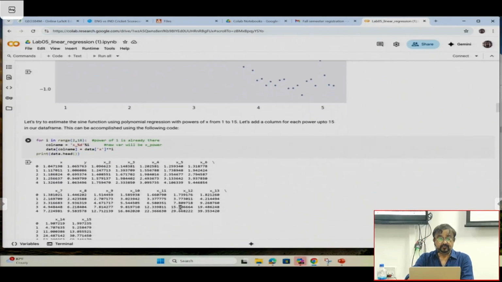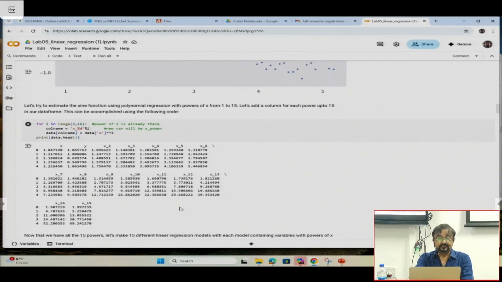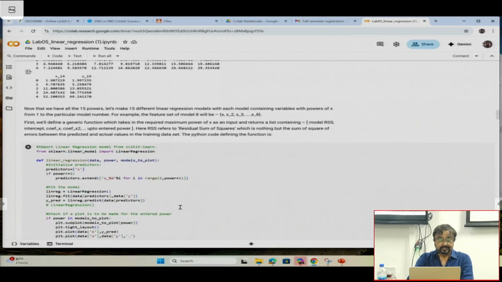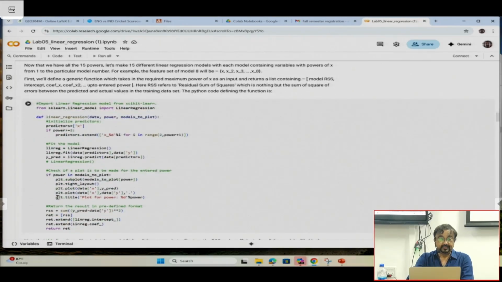Here I'm generating the model for a whole bunch of polynomials up to order 15, and then I can apply linear regression with different degree polynomials.